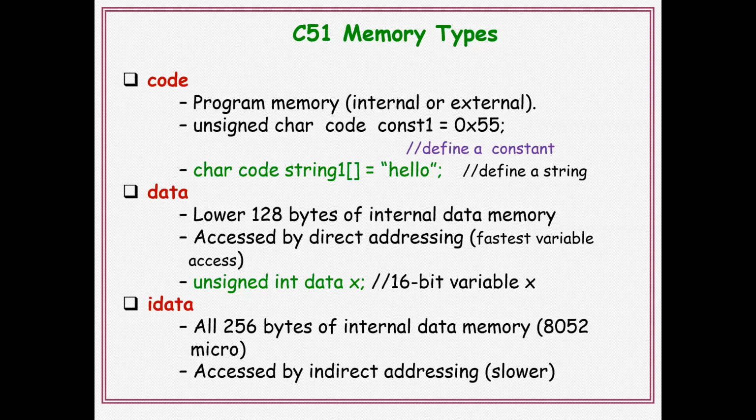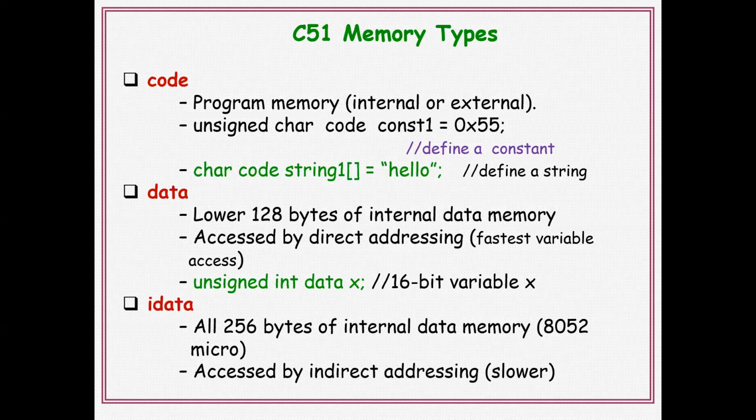Here a code memory declaration is like unsigned char, because it is an 8-bit architecture and almost all registers are 8-bit, so instead of taking integer, you can take char. The size of a char is 8 bits only, so it is easy. So unsigned char, memory type is code, and the code variable is a constant. You can take any variable like A, B, C, D, with value 0x55.